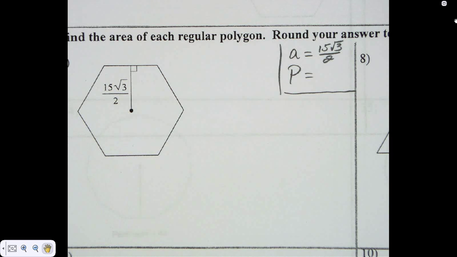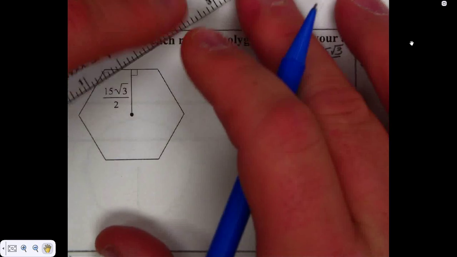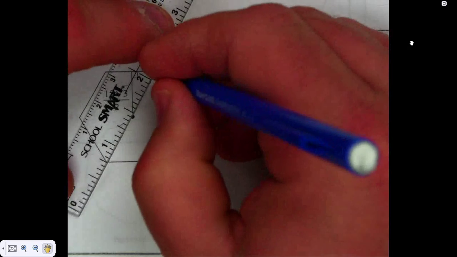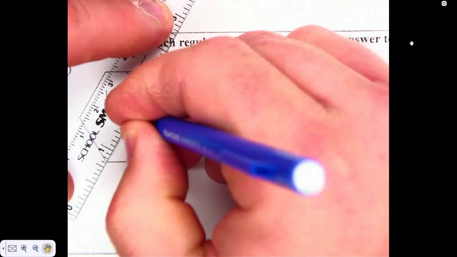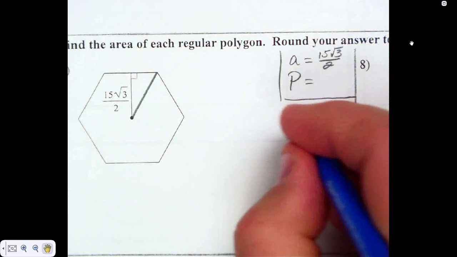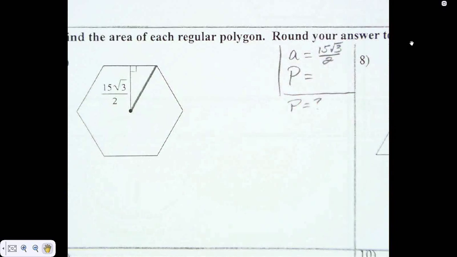Now, they did not give you a side, did they? So the perimeter is what I need to find. So I need that side, don't I? I know that that cuts that in half.